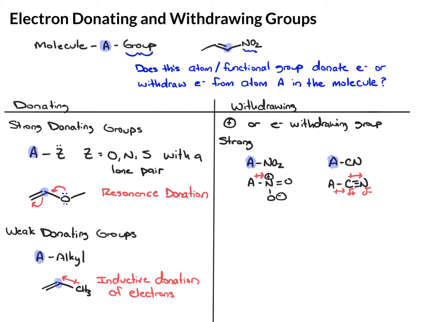Next, let's look at a moderate electron withdrawing group. Here, the most common is a carbonyl group attached to the atom. So carbonyls are electron withdrawing, and the best way to think about this is if we draw a second resonance structure here, and we move these electrons to the oxygen through resonance, let's see what we get.